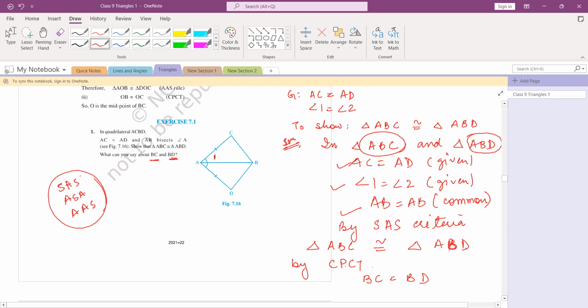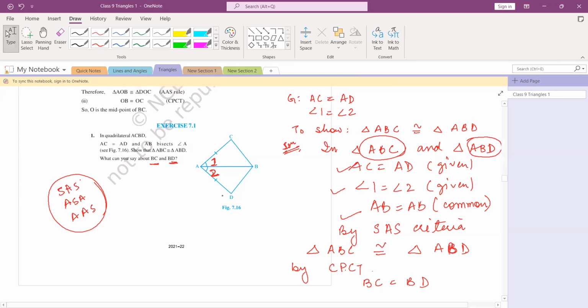Please write the name of the angles very carefully. This is angle 1, angle 2. Let's move to question number 2.